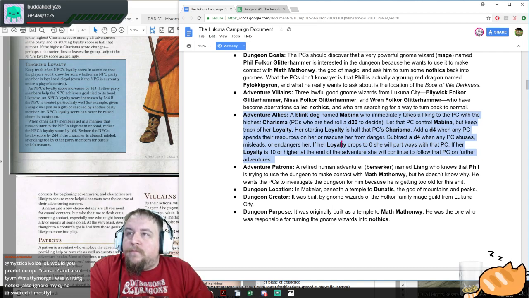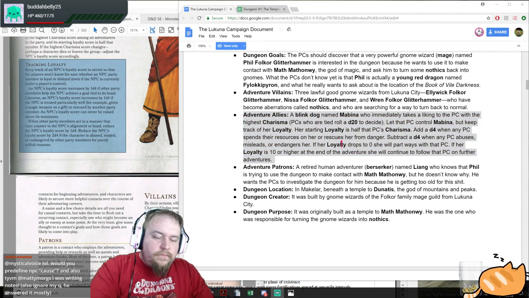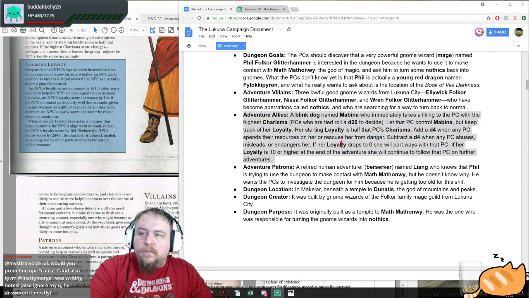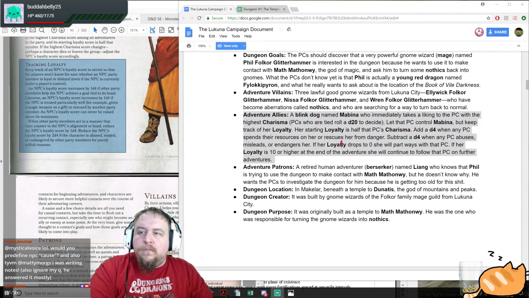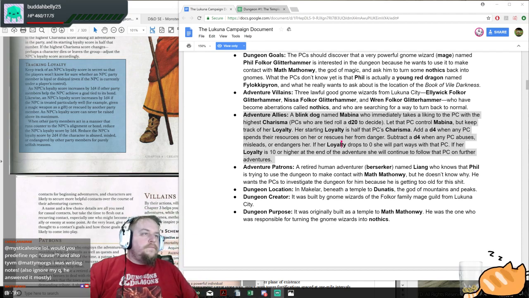The flavor idea behind it that I haven't typed out yet is that Mabina kind of didn't want to retire because she's Fae. Fae are long-lived creatures. So the human is super old or at retirement age. He's too old for adventuring. But Mabina kind of still longs for adventure.